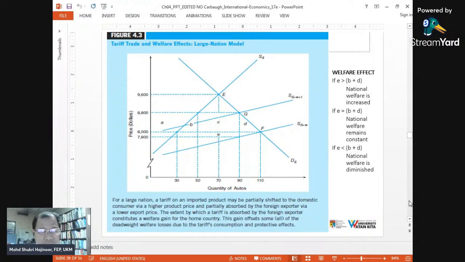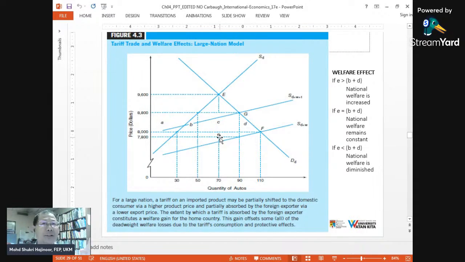Conclusion, small nation, always welfare decreasing. Tariff will decrease the welfare of the small nation. But with large nation, because there is terms of trade effect, that other countries contribute to this E. So welfare effect really depends on the difference between the deadweight loss and the terms of trade effect.